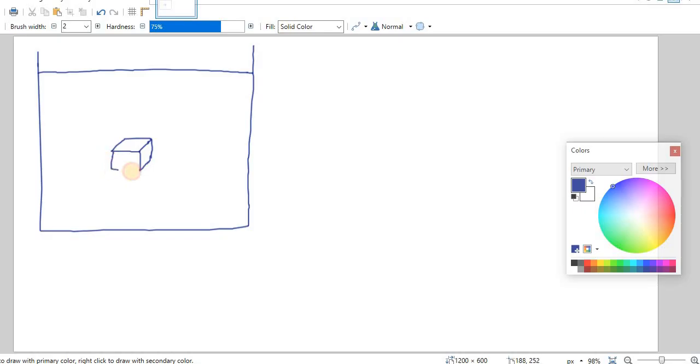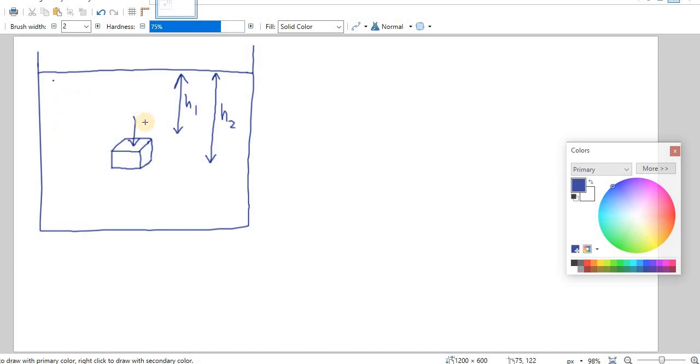Now you can see that the top of the cube is below the surface of water but at a lesser height. So for example, if I consider the height from here to here, let's call that h1, and then from here all the way to the bottom, that is a greater height or depth, let's say h2.